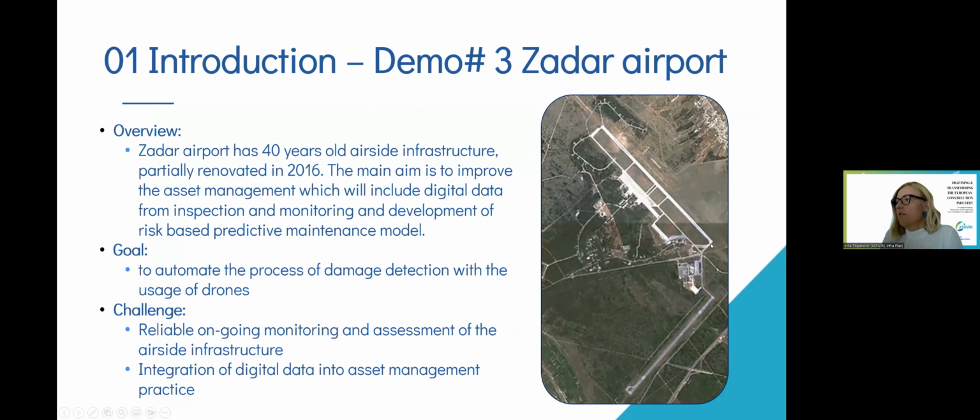This one is shared with the military runway, and this is the runway which we are focusing on, which also has increased usage due to the increased traffic. The airport was partially renovated in 2016, and the goal was really to automate the process of damage detection with the usage of drones.